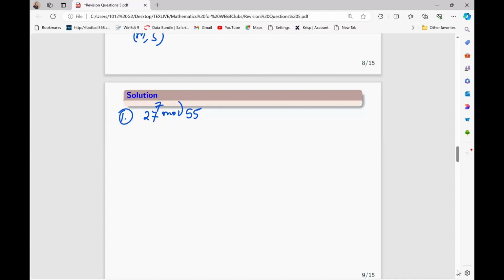So I'm taking 27 and raising it to 7. Oh, these are very, very huge numbers. So let's use the fast powering algorithm.